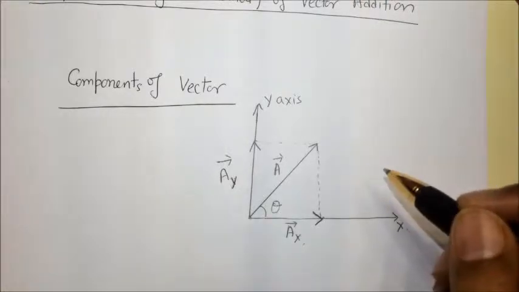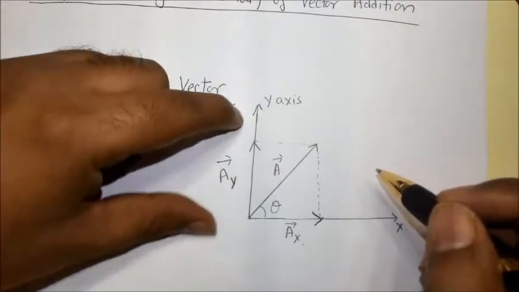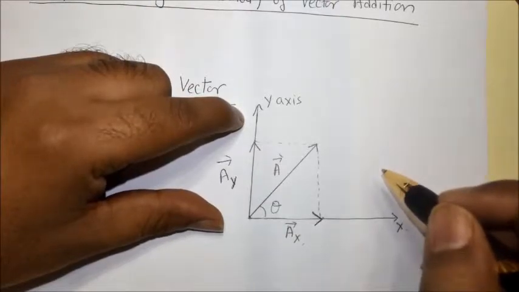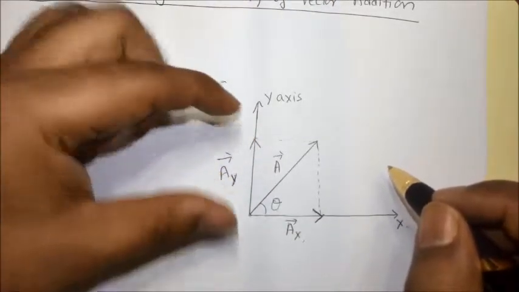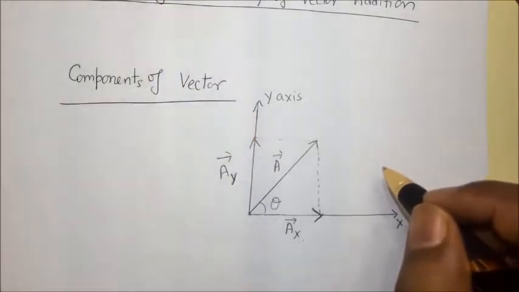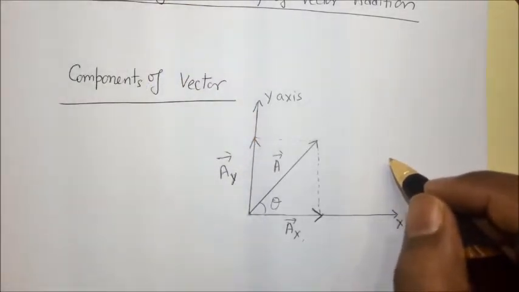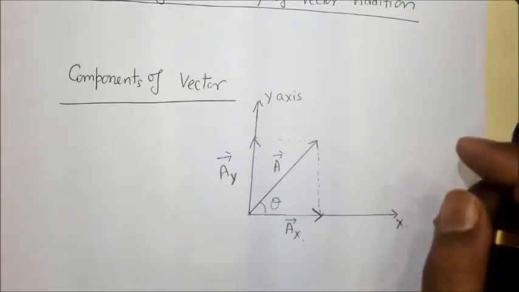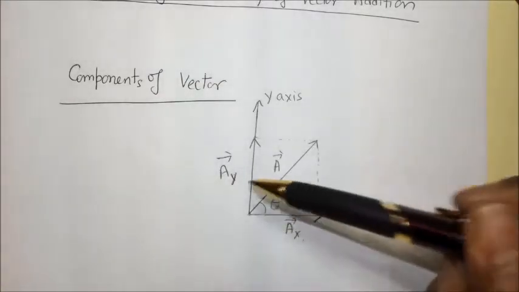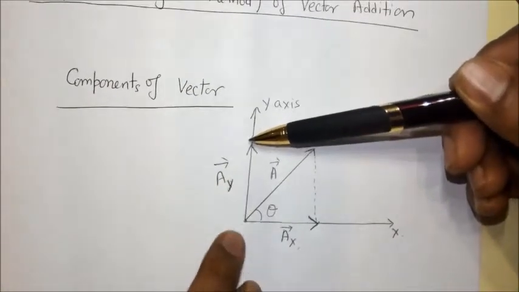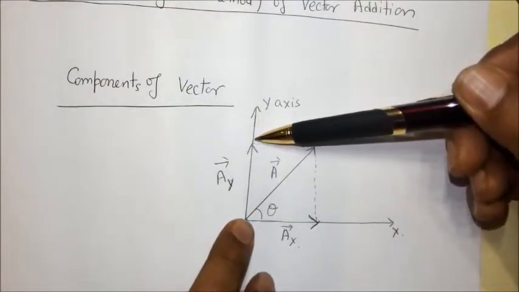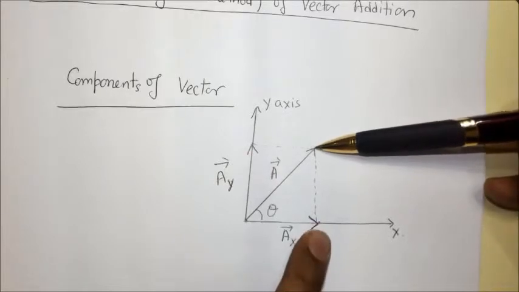What will be the magnitude of the Y component? How much is Ay? What is the magnitude of Ay? How much is this going to be? Now let's see, if this is Ay, from this point to this point is Ay, so this is also going to be Ay.